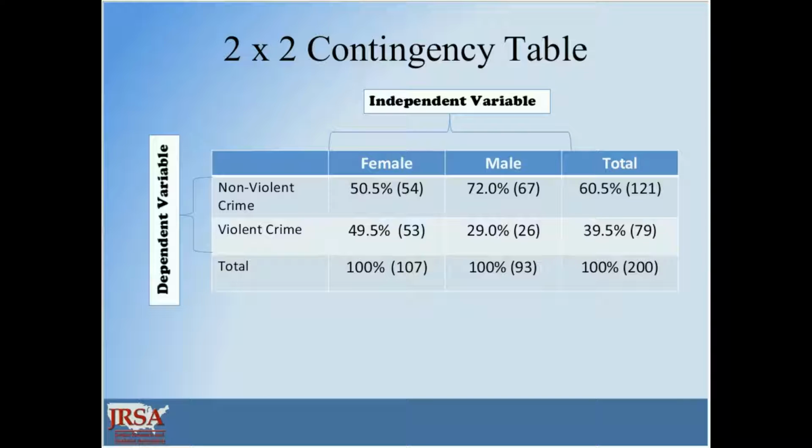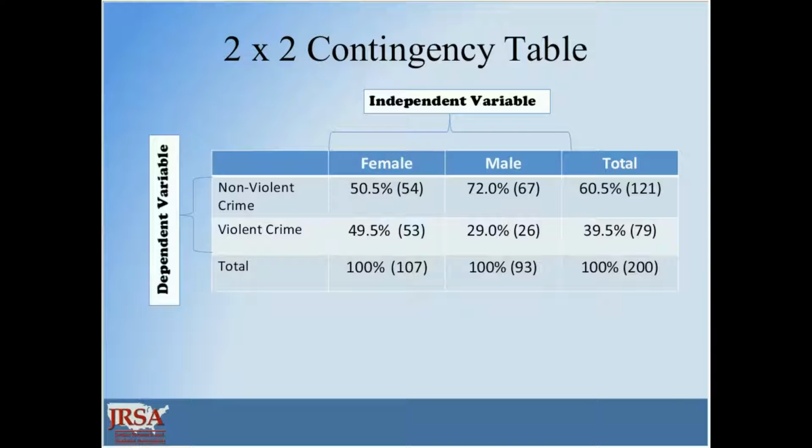So this shows you that while violent victimization represents approximately 40% of the victimization type among the sample of 200, females were more likely to experience violent victimization than males. Here I am looking across the violent crime row, approximately 50% for females and 29% for males.